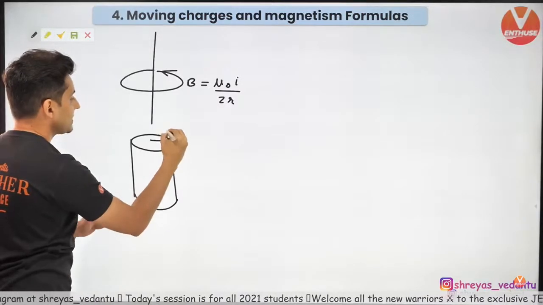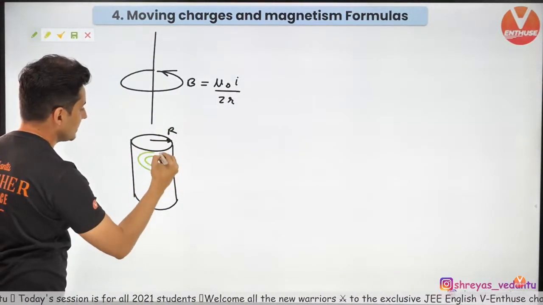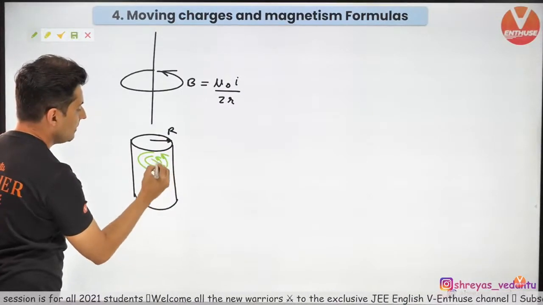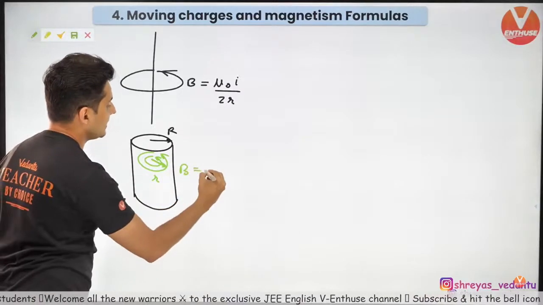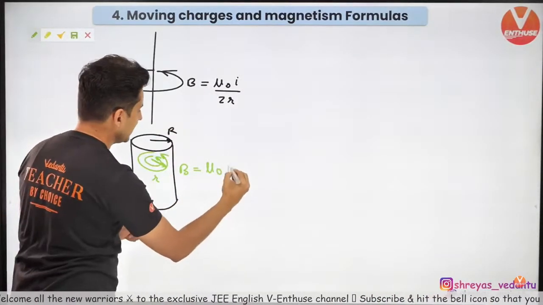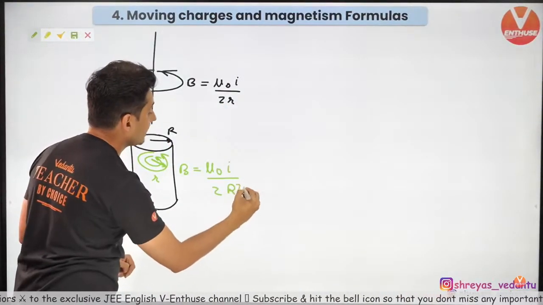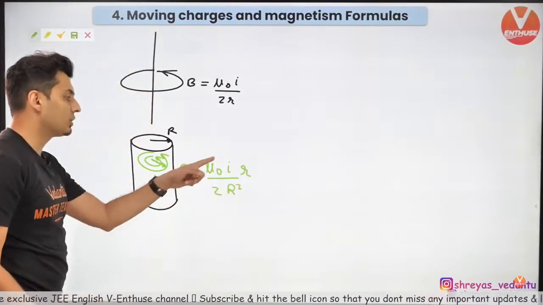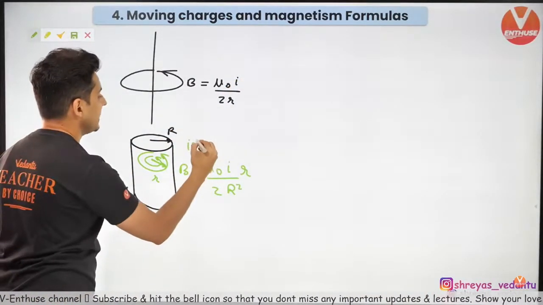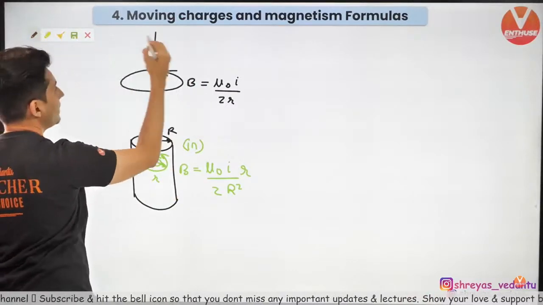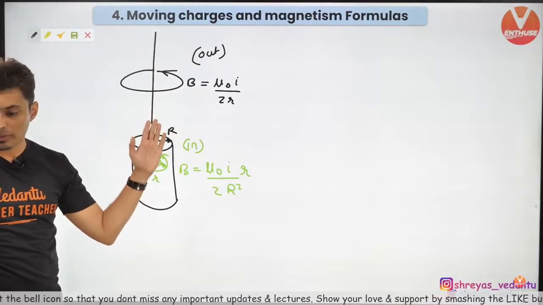The wire itself has some radius and inside the wire as well there is magnetic field, and depending on how far you are from the center, the field changes like this. Mu naught, same thing, I by 2 pi. Instead of small r, you have capital R square and small r goes on the top. So that's the change when you are inside. This is for inside and this is for outside the wire. Keep this in mind. Very, very important formula.